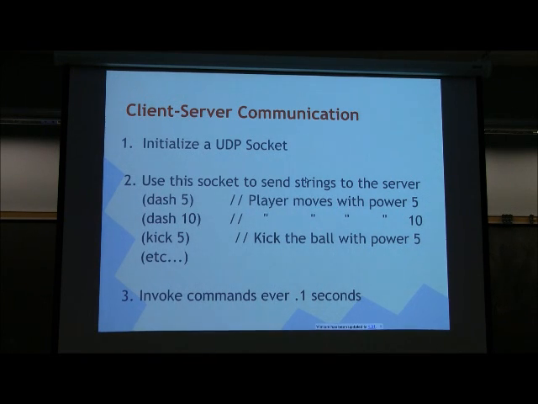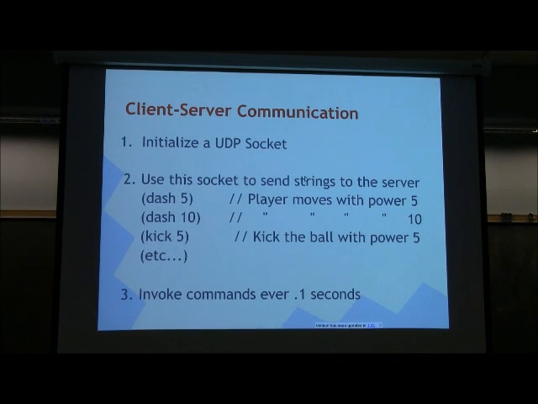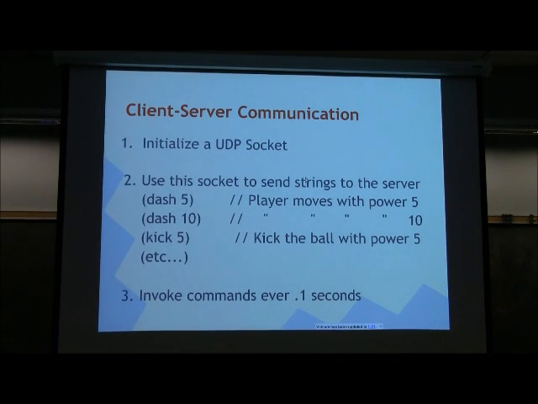The first argument in the S expression would be the command, and the second argument is the power. Now the default configuration in the server configuration file demands that we send a command to the server every 100 milliseconds. I tried doing 0 milliseconds and the program didn't work, so you don't want to do that.